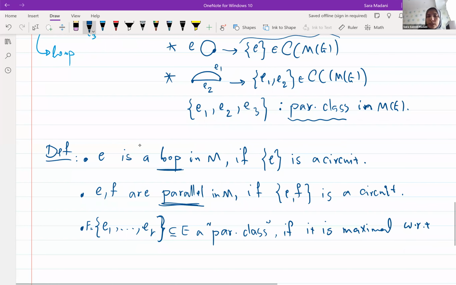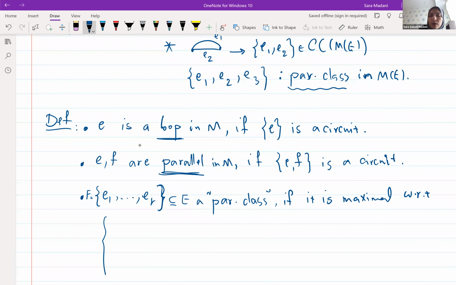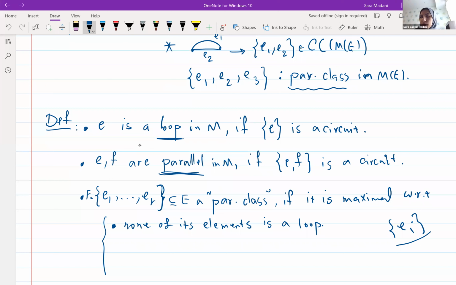First of all, none of its elements, I mean E1 to ER, is a loop. What does that mean? It means that none of these sets, E1, E2, E3, and so on, is a circuit of my matroid. Loop means circuit of cardinality 1.